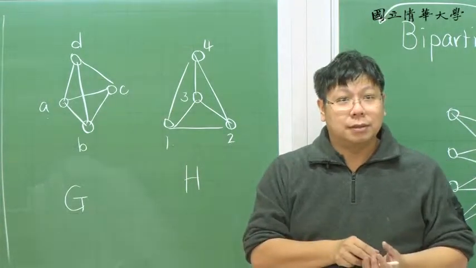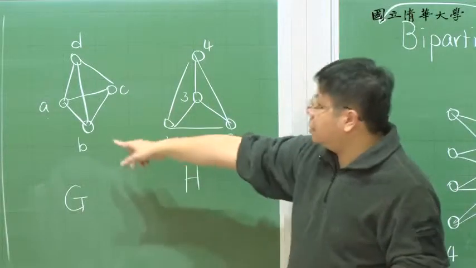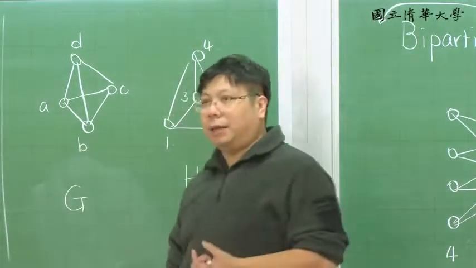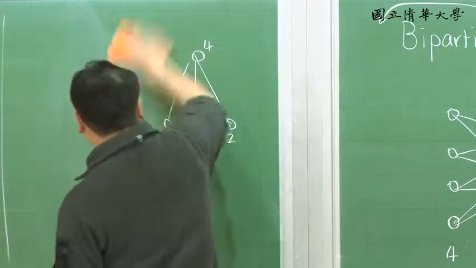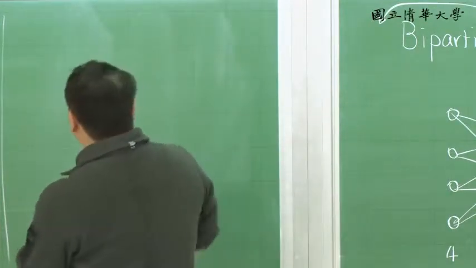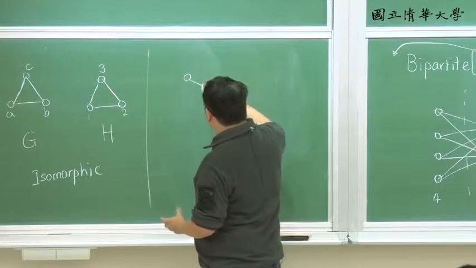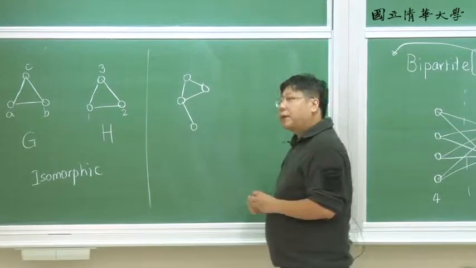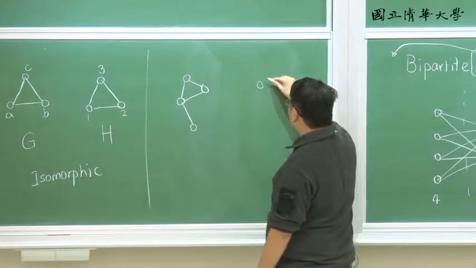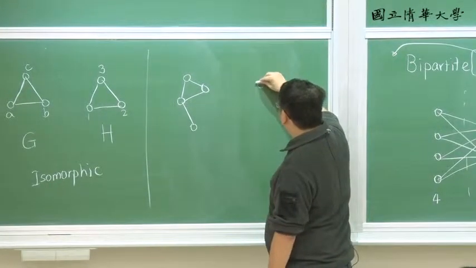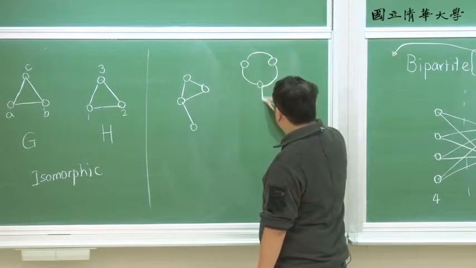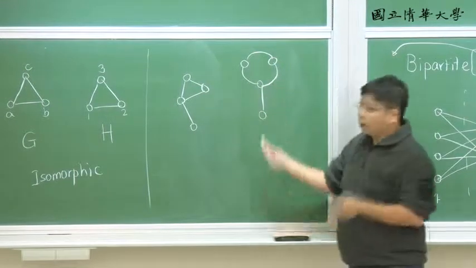Okay, so these two examples are extreme because we are looking at complete graphs. Let me give you another example, something that looks like a lollipop.